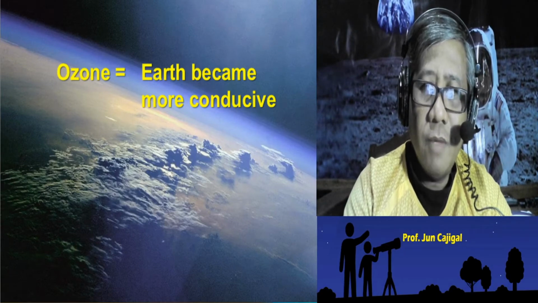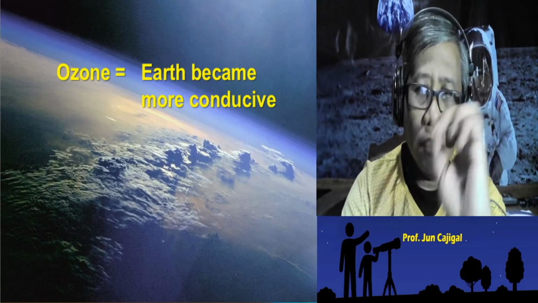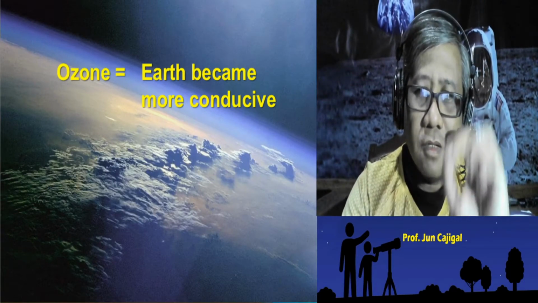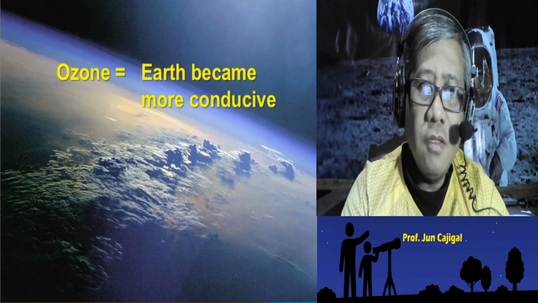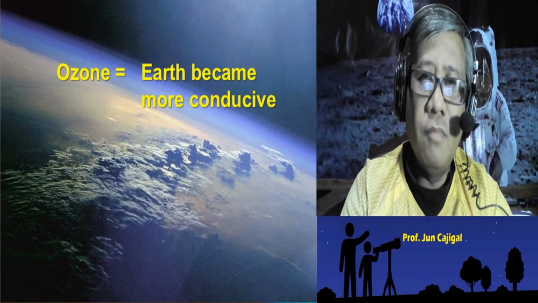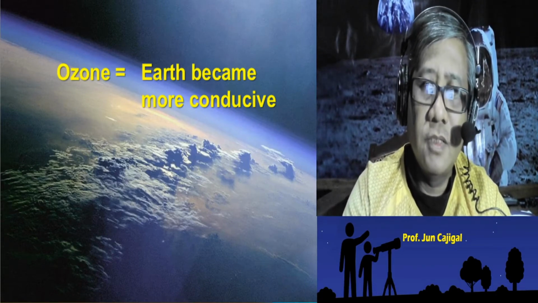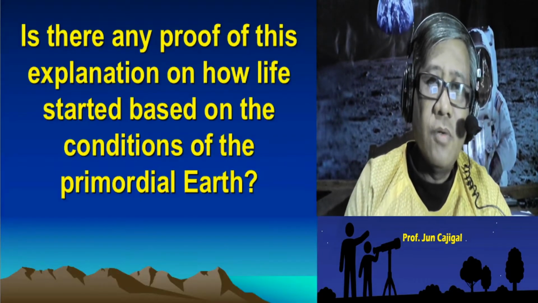So we have to thank the cyanobacteria. The cyanobacteria oxygenated the Earth's atmosphere, and that led to the formation of ozone. The ozone made the Earth more conducive for the evolution of higher life forms. Alright, my dear netizens?